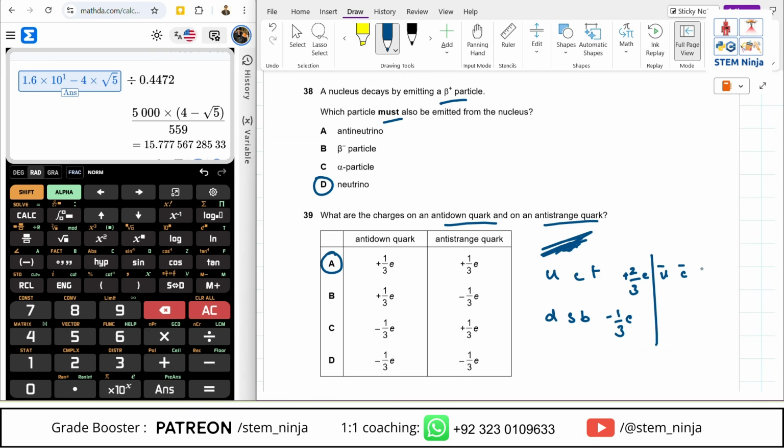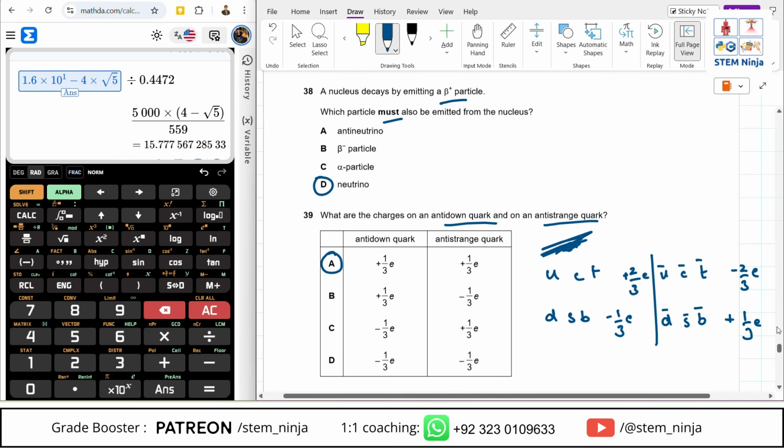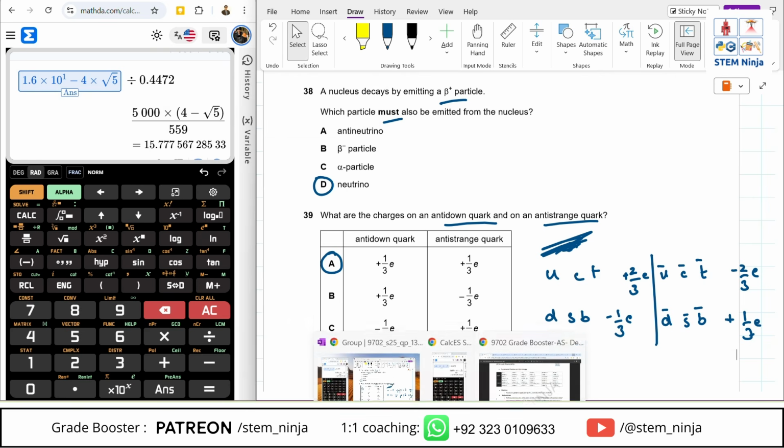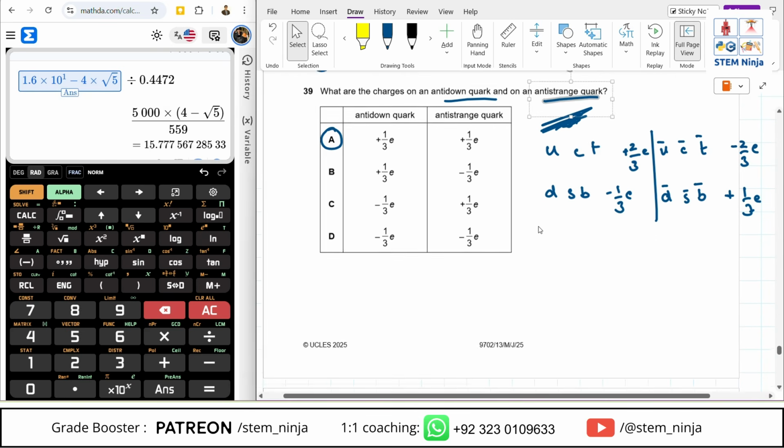Anti-up, anti-charm, anti-top will have minus 2/3 E charge, and anti-down, anti-strange, anti-bottom will have plus 1/3 E each. So you can memorize it this way also. But it would be good if you just read the table for once.